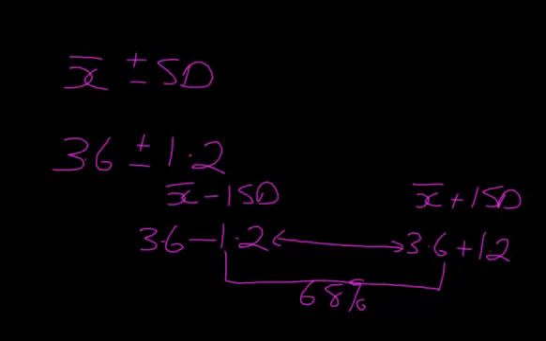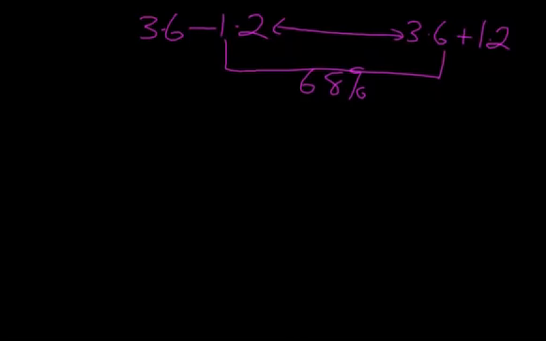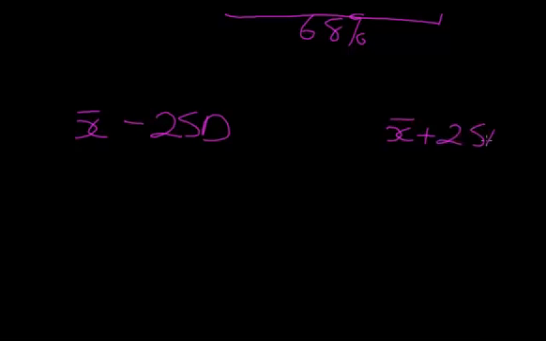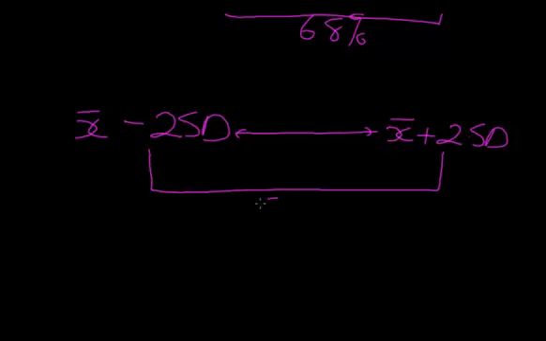And to extend that, if you have the mean minus 2 times the standard deviation through to the mean plus 2 times the standard deviation, that distance covers about 95% of your sample values.